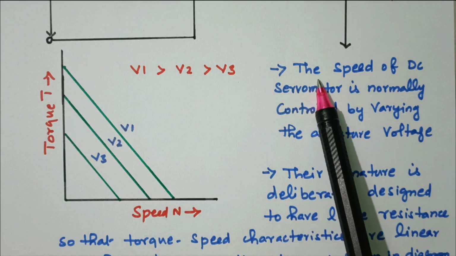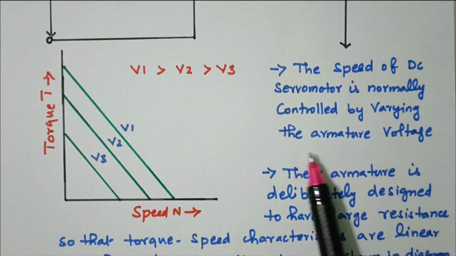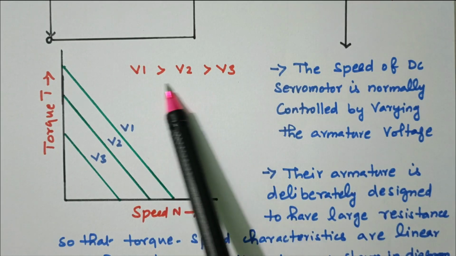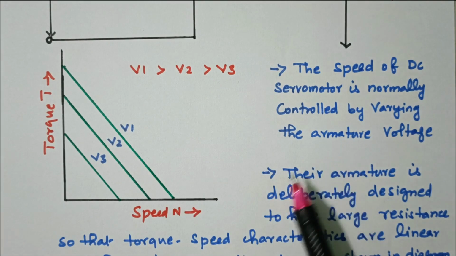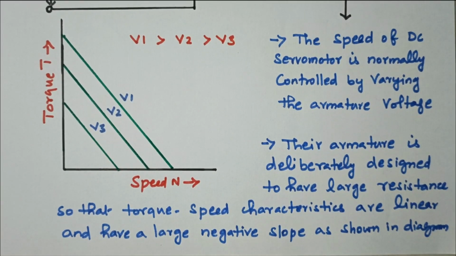Now we'll see the description. The speed of a DC servo motor is normally controlled by varying the armature voltage. So we can control the speed by the armature voltage. Then what is the advantage of this negative slope? Their armature is deliberately designed to have large resistance. We already discussed the armature has RA, LA. This LA, RA is very large.